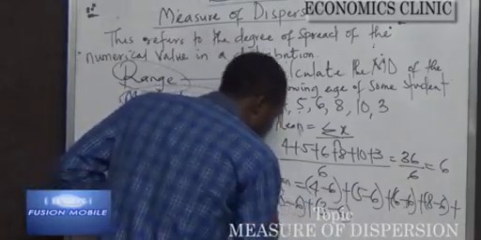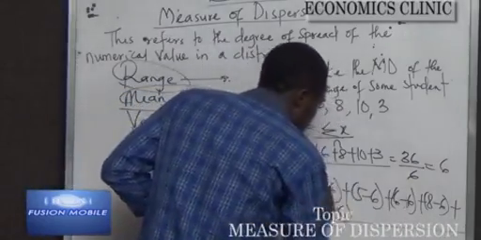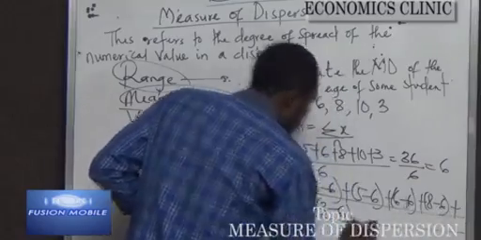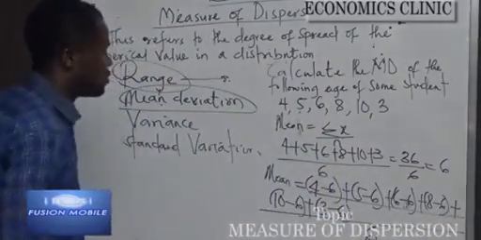Then we divide everything by 6, which is the total number of values.